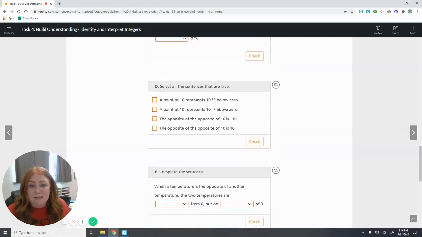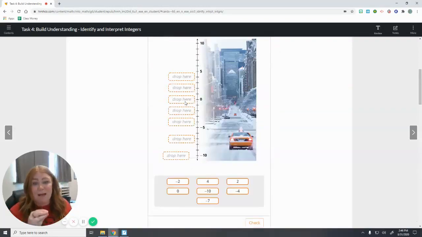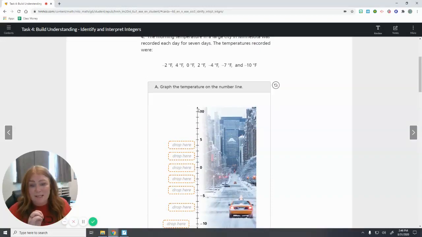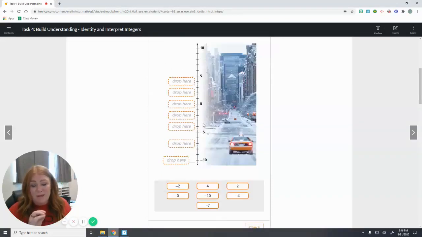And D, we again are selecting all of these that are true. So a point at 10 represents 10 below. I notice here, this just says 10. So that means 10 positive. If I'm coming back up to my chart, 10 positive is going to be above 0.